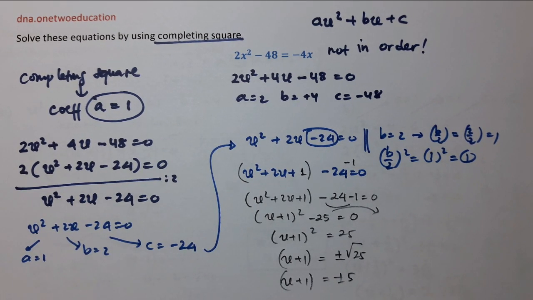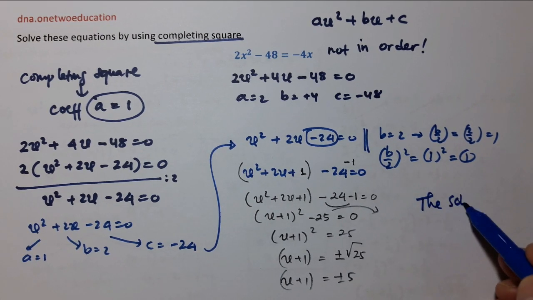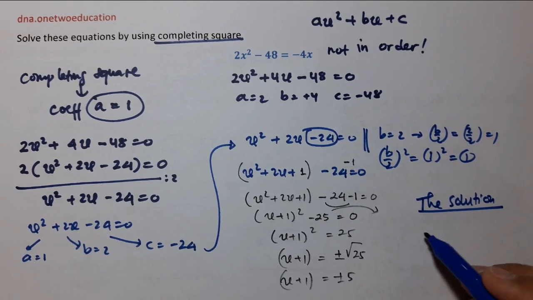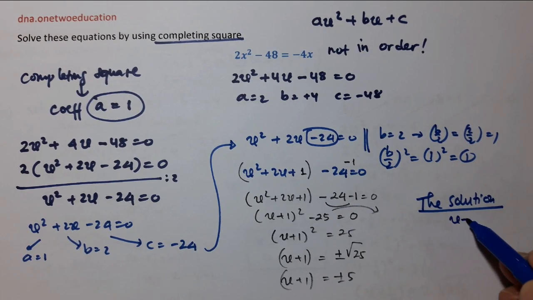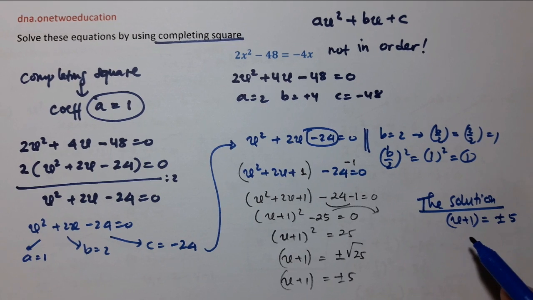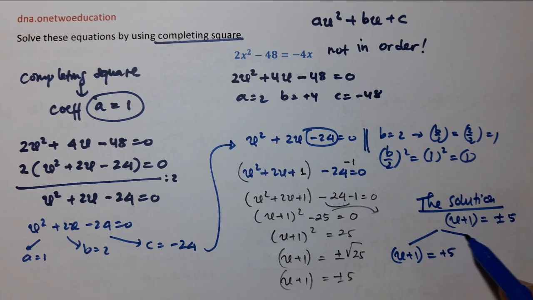Okay, now we go to the solution. This is the solution, right? x plus 1 equals plus or minus 5. The first, x plus 1 equals positive 5, and the second is x plus 1 equals minus 5.